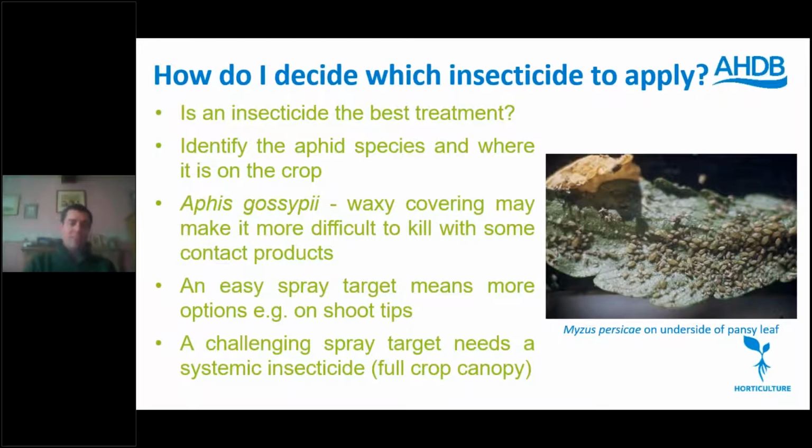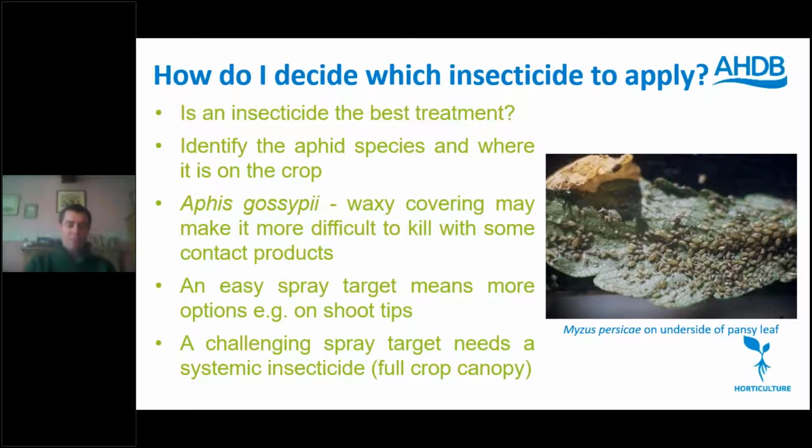Then think, is an insecticide the best treatment? Depending on the numbers of aphids you're seeing, if there are low numbers and you're already introducing biological controls, you may feel that there is a level where they'll keep them in check, but this is the beauty of your weekly crop walking, and the information will feed in.